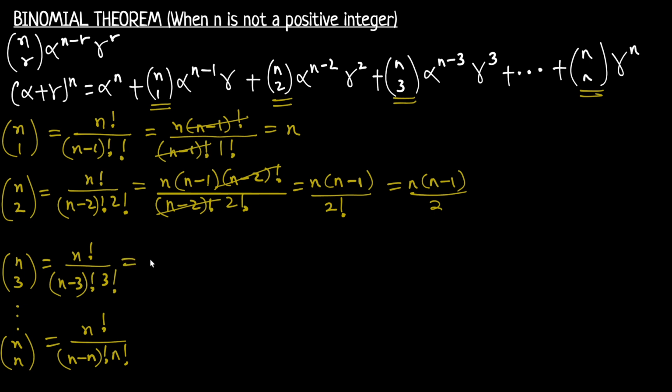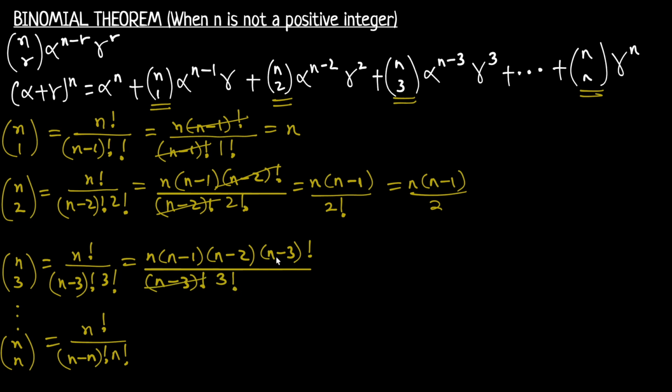Now if we go on with this, it's going to be n times n minus 1 times n minus 2 times n minus 3 factorial divided by n minus 3 factorial 3 factorial.